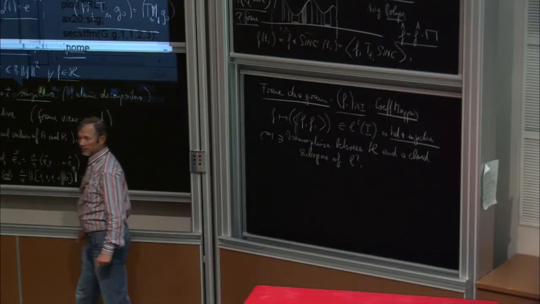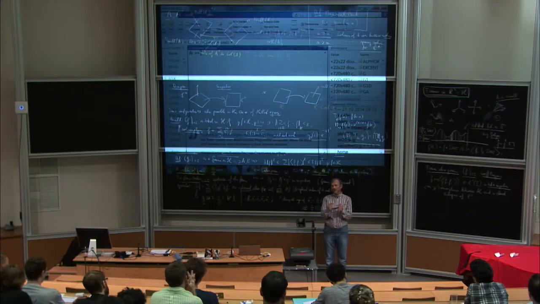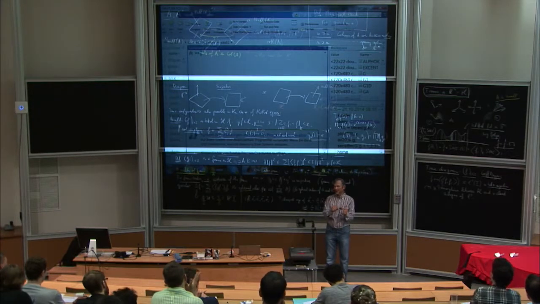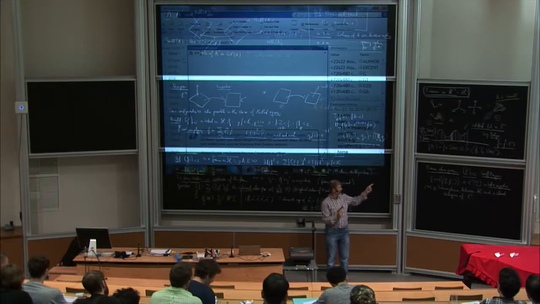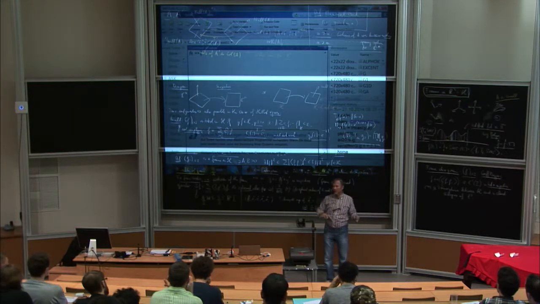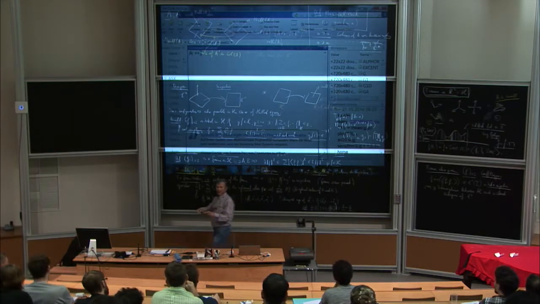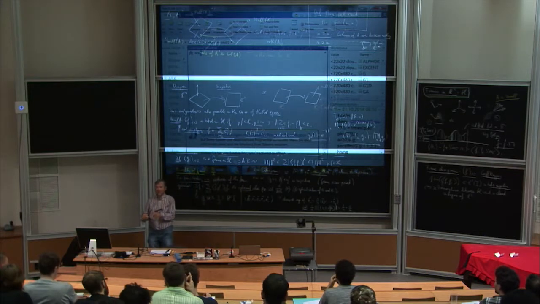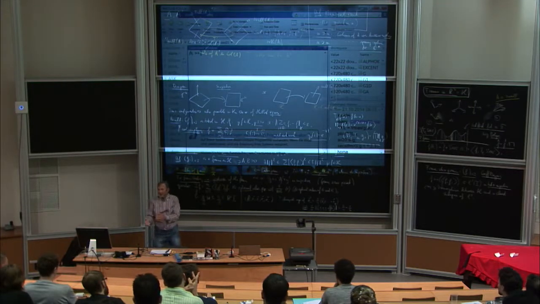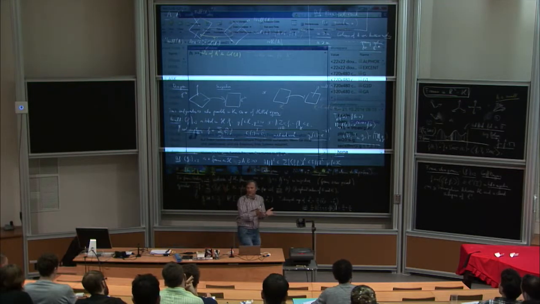Why are they a closed subspace? You're giving me a sequence of frame coefficients and ask, well, if this is convergent, is the limit also in the same space? Well, you have a Cauchy sequence on this side. We have norm equivalence in the definition. So I go back, I have a Cauchy sequence in my Hilbert space. It has a limit, of course, because of the completeness of the Hilbert space. I use the boundedness, and I take the coefficients of the limit, and I have a closed subspace.